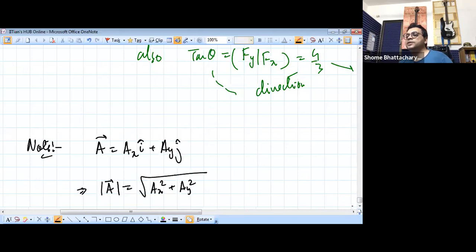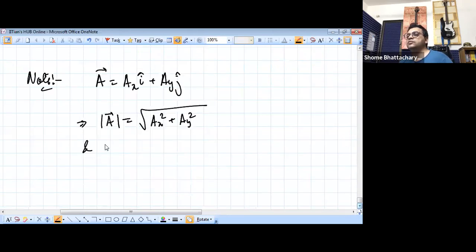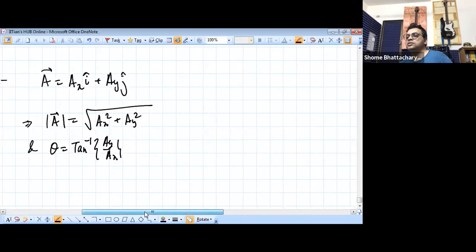And the angle with respect to the x-axis by definition will become what? It will become tan inverse of ay by ax, where the corresponding diagram to understand this is just like we had drawn for that particular force vector. Now we can generalize for any arbitrary vector E.